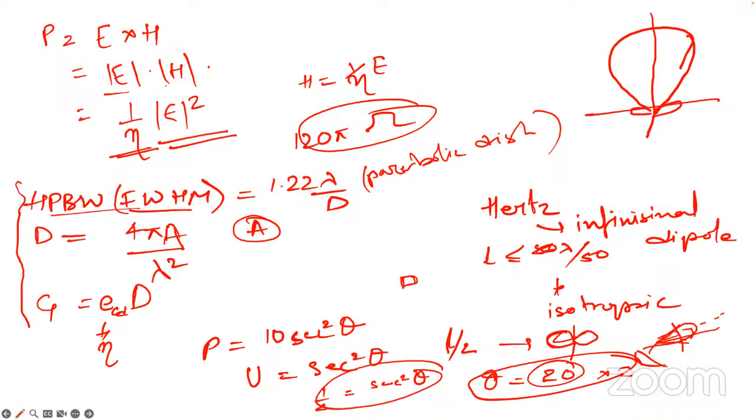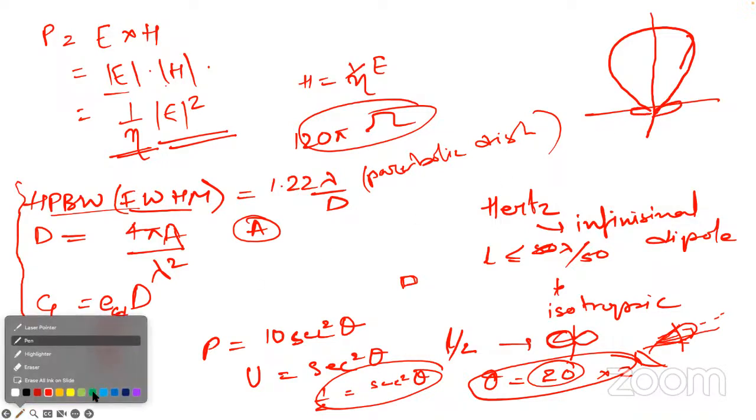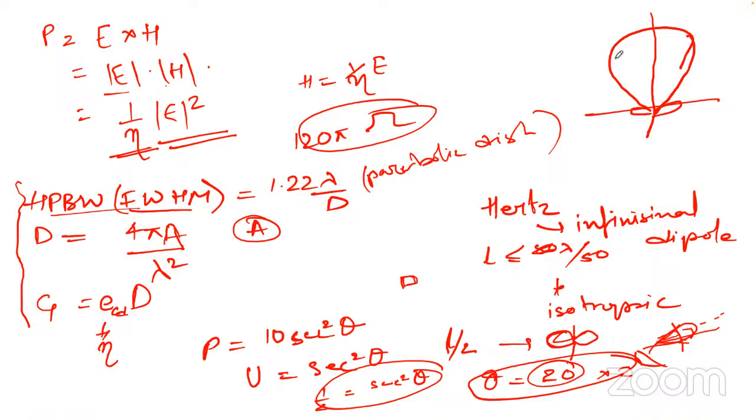In this, you can define that at this portion the power is 1, and here the power becomes half. So this angle is your half power beamwidth.